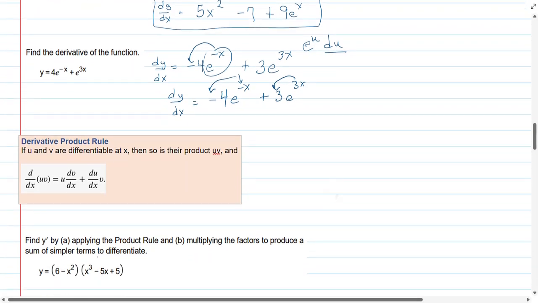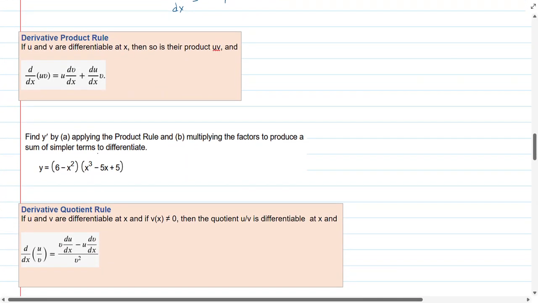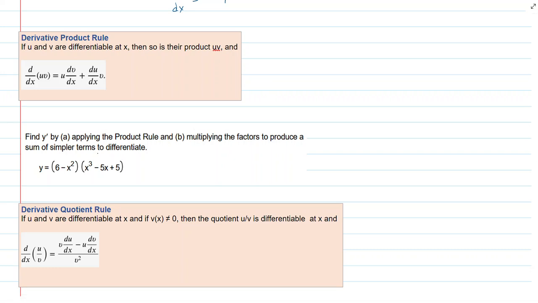Outstanding. The product rule. Oh my God. That we can't do FOIL and make it a polynomial. Does that make sense? If it's ugly, then we have to use this guy. Now, if you can do FOIL, then do it and then do each term. But if you can't, because it's ugly, then you have to use this. This one says, but now remember, we're talking terms.